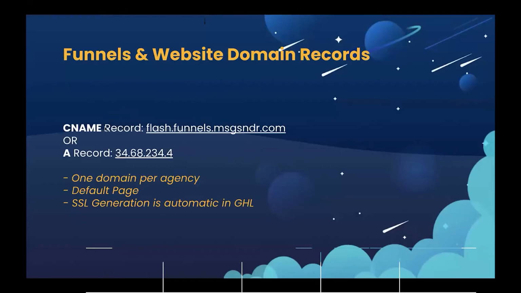However, if you want to set up a CNAME record, you're supposed to point it to flash.funnels.messagesender.com. If it's an A record, that's the value that you are supposed to point it to. Just remember that one domain can only be added to one agency. For example, if you own more than one agency with High Level, you cannot add the same domain to more than one agency at the same time.